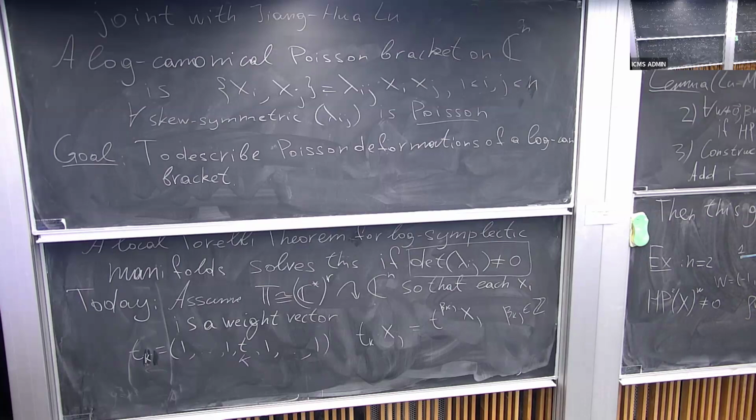So you can cook up a unique bivector, and that is the bivector that contributes to the Poisson cohomology.